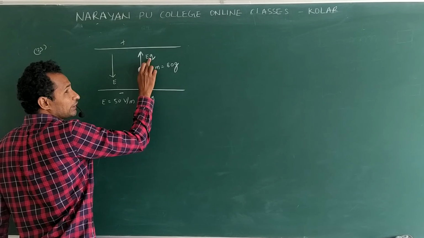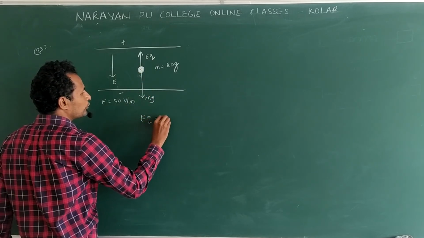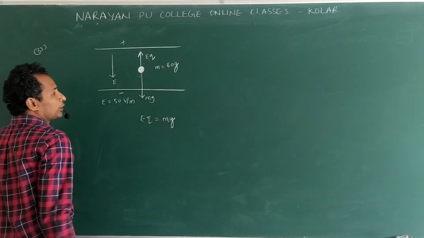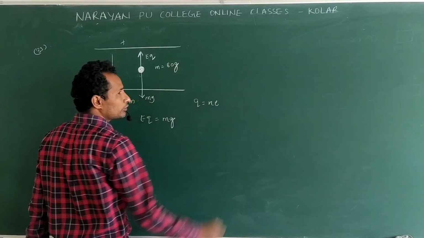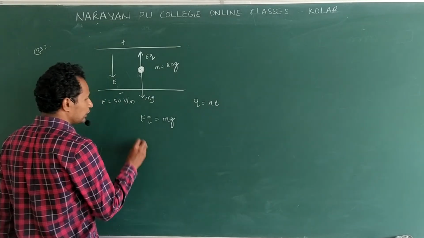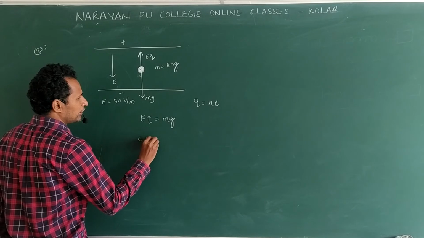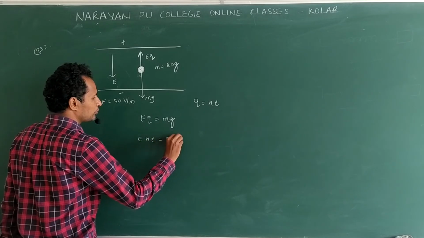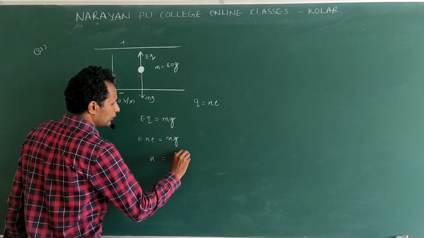So EQ is equal to mg. By quantization, Q is equal to Ne, so Ne is equal to mg.